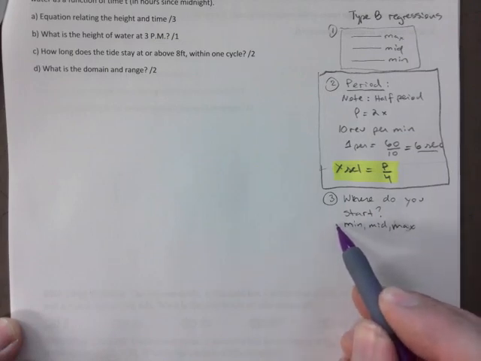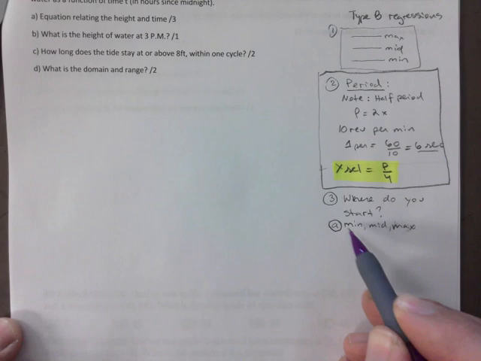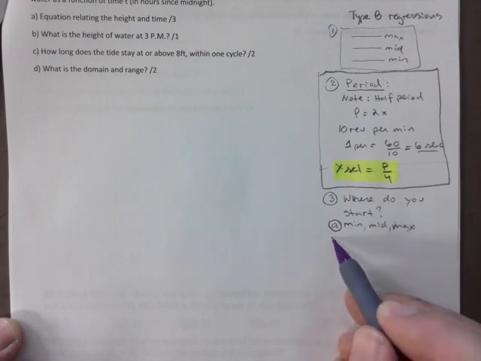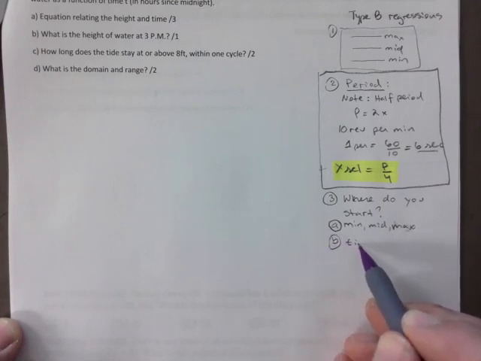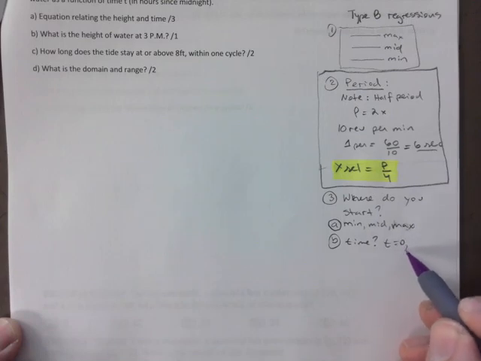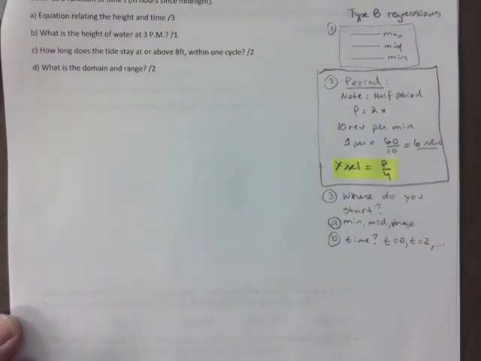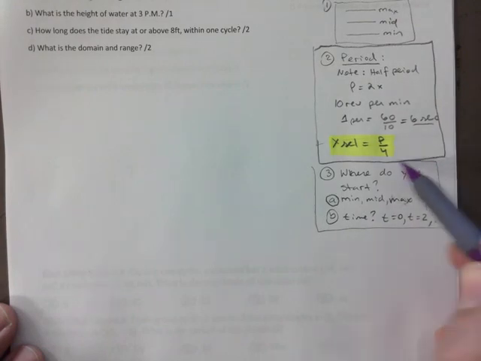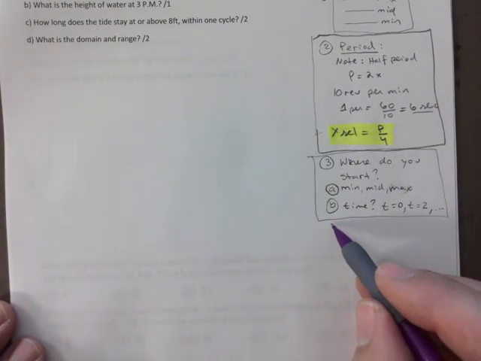This is the first part. You need to identify which line you are starting on, low, mid, high, and the time. Is it time 0, time 2, etc.? Where are you starting? And then come up with 5 points.